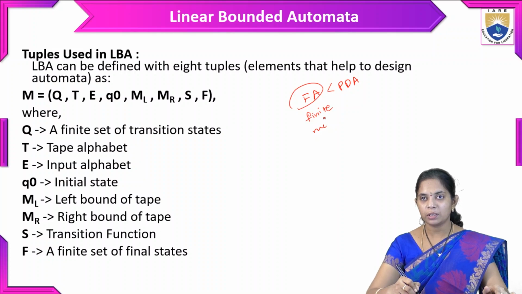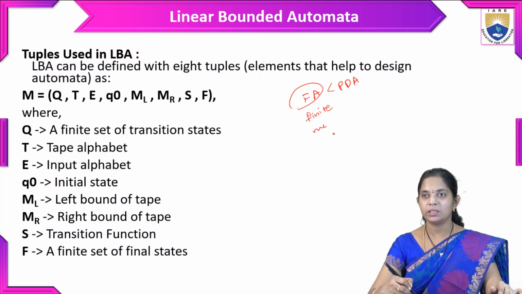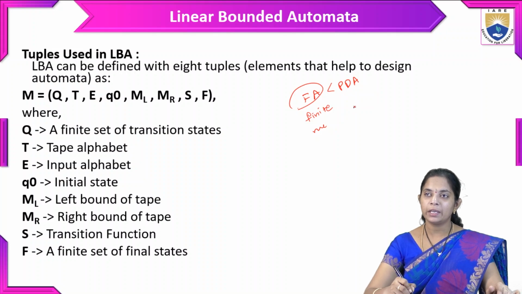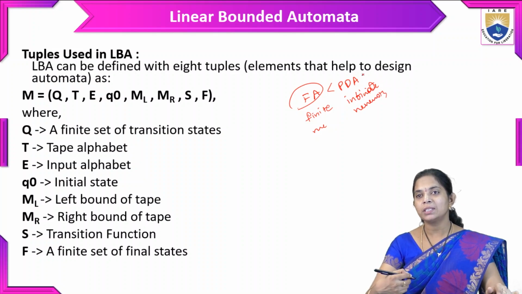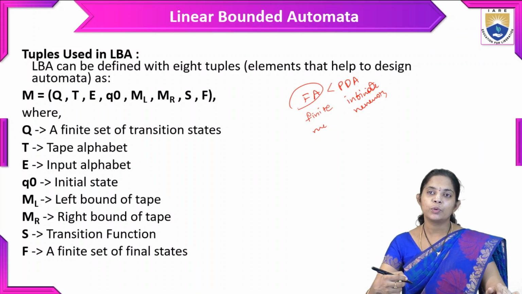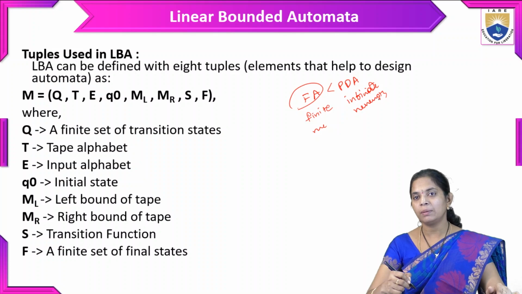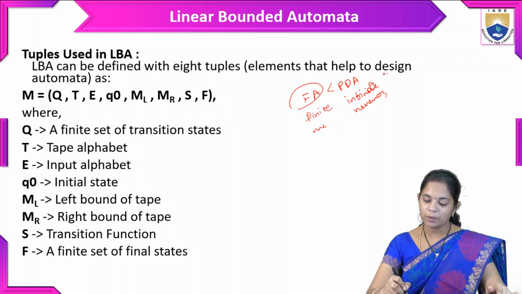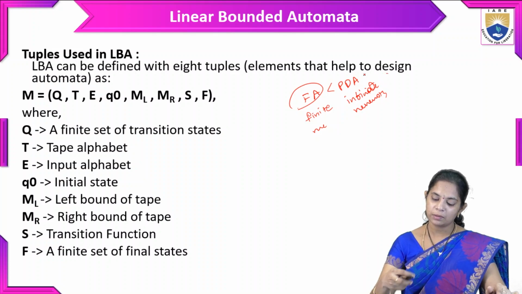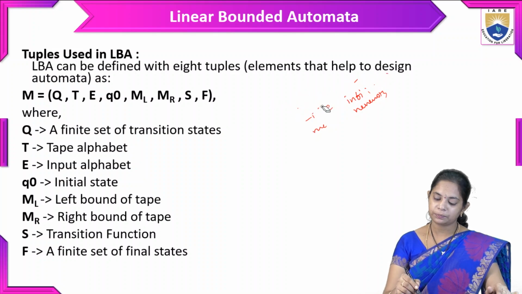In finite automata, only a finite amount of memory is required. That's why for some languages we can't construct a finite automata, and so we go to the PDA, the push down automata. The PDA requires an infinite amount of memory, so whatever we can't build with the finite automata, we can construct with the PDA. And coming to after the PDA, I'll write it neatly.